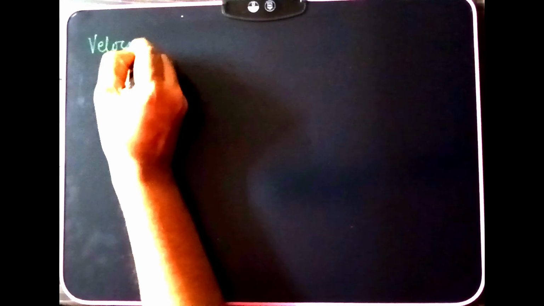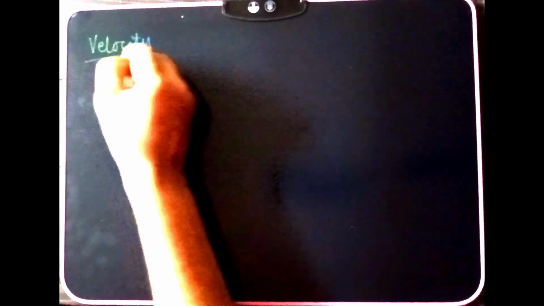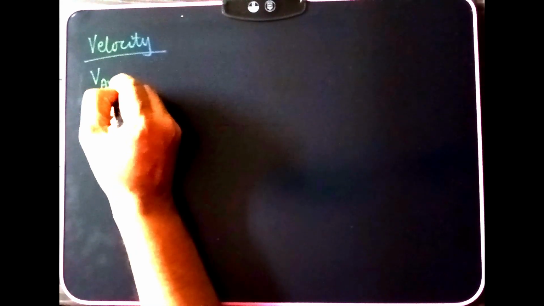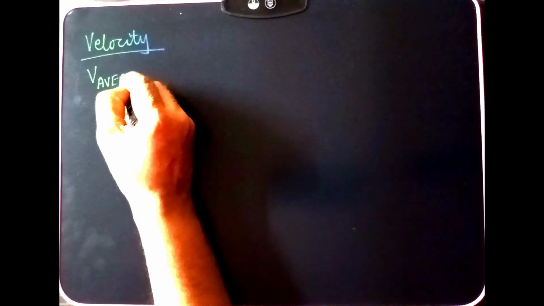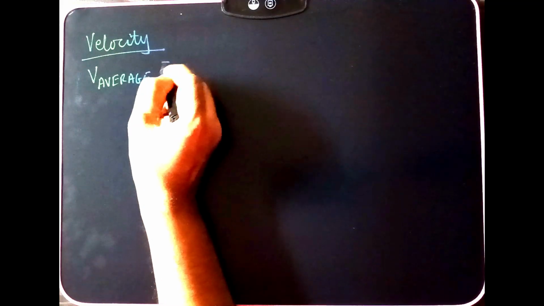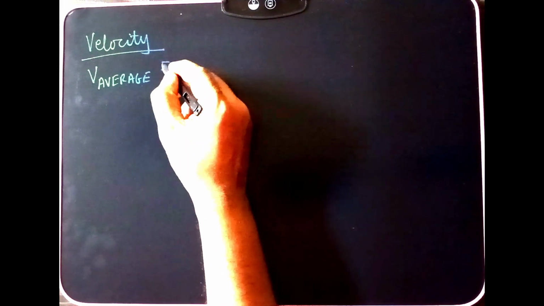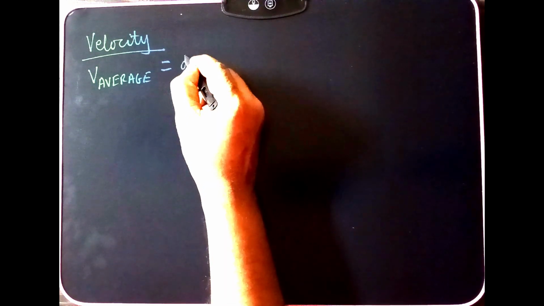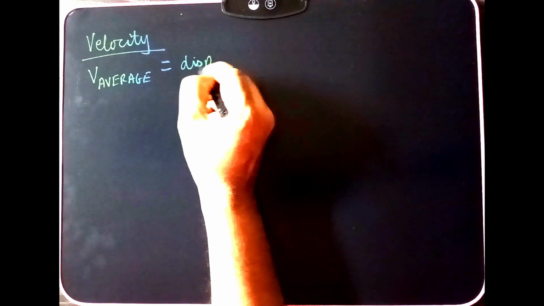So what is the definition of velocity? If we consider average velocity, V average, then by definition average velocity is the change in displacement, the change in position, divided by time.